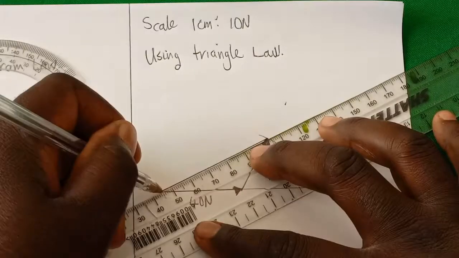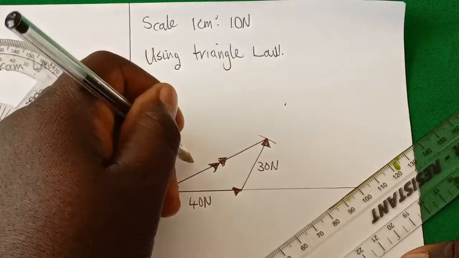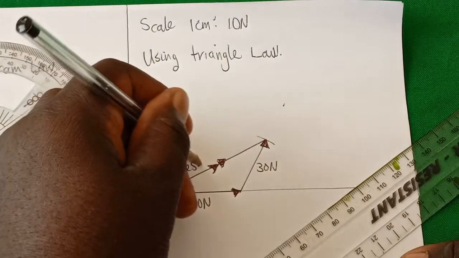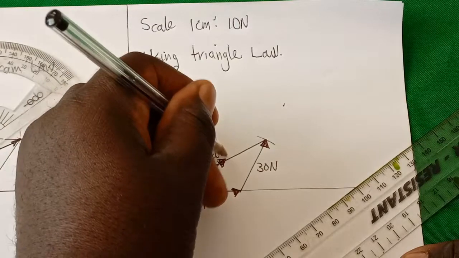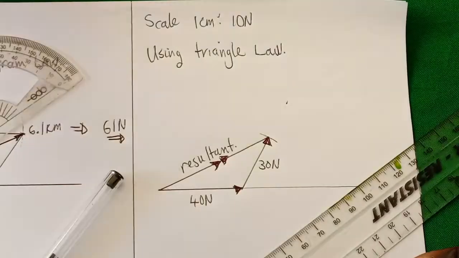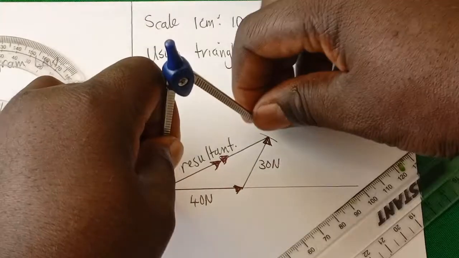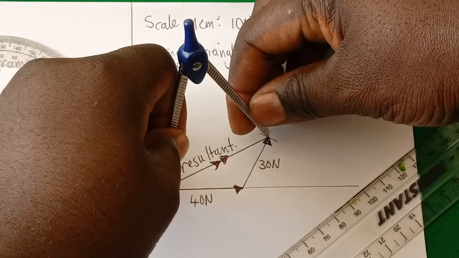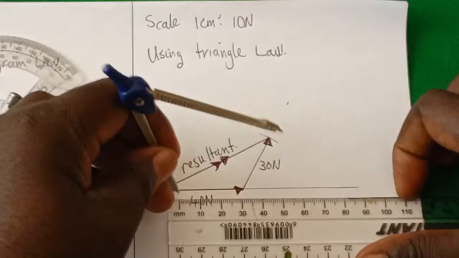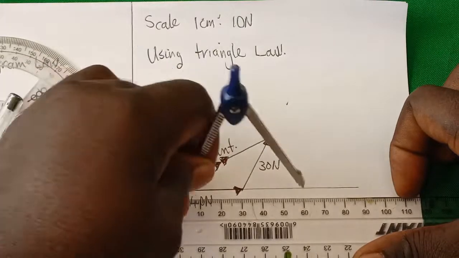And then you are supposed to use a pair of dividers now to measure that length accurately. Okay, pair of dividers, very useful piece of equipment. Right, so there it is.